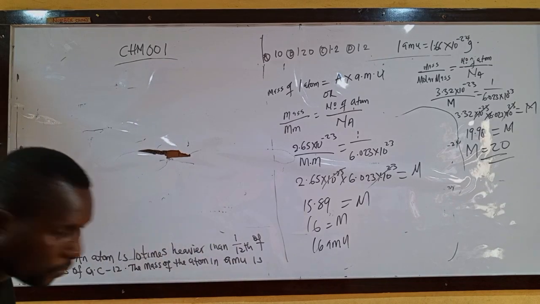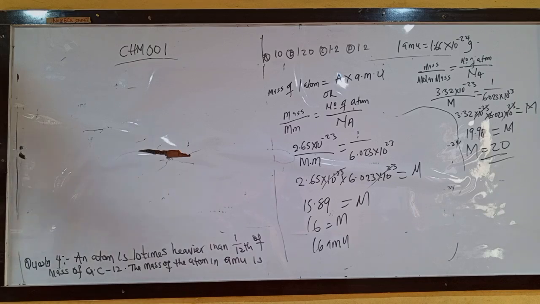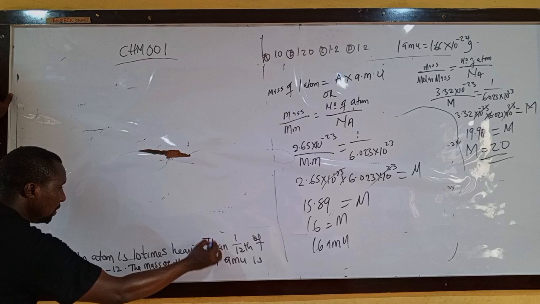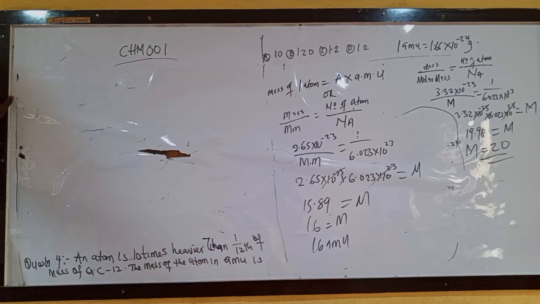Number 4. We have an atom that is 10 times heavier than 1/12 of the mass of carbon-12.